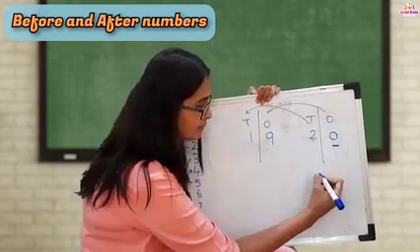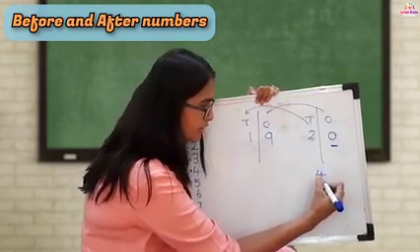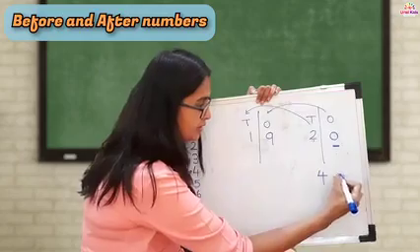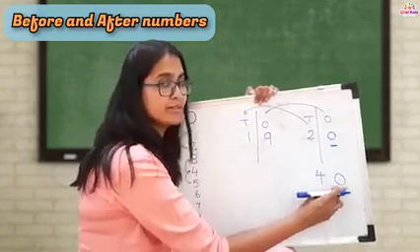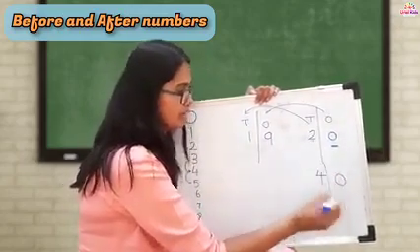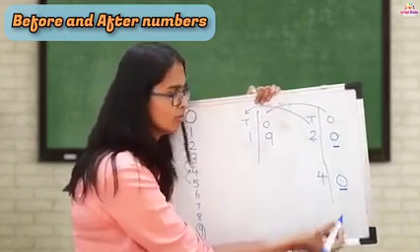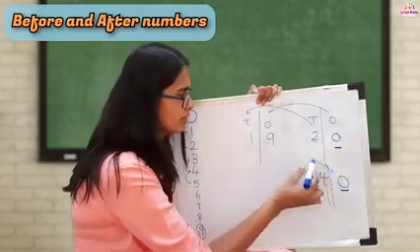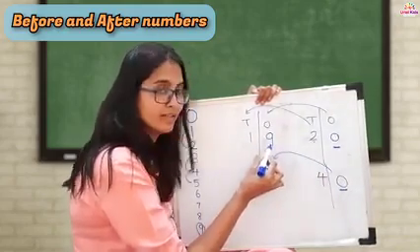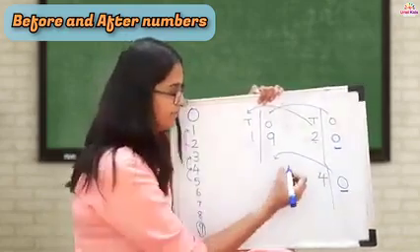Okay, let's try one more example. Let's take the number maybe 40. Okay. So now this number is 40. Just as we discussed, the number in the ones place is 0. So what number we will write before 0? It is going to be 9.